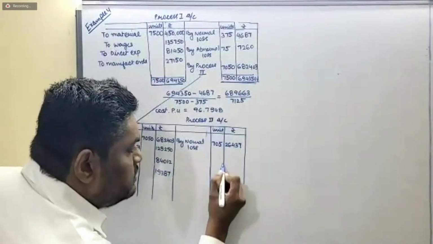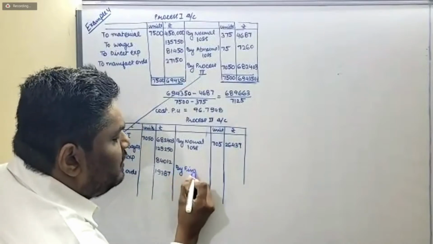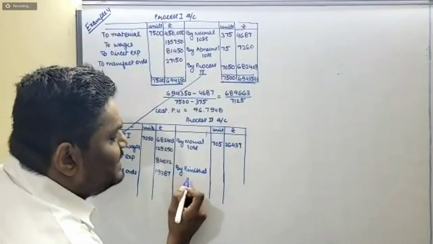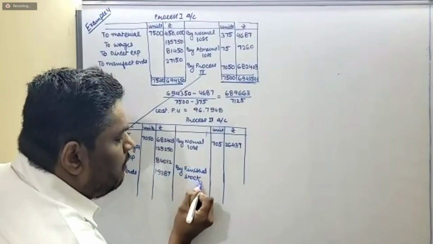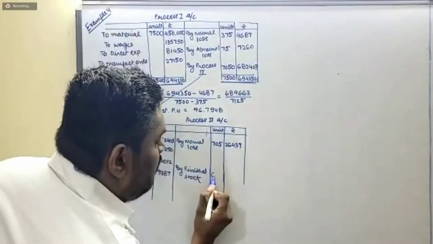Further, the output is also given in the question, and it is to be transferred to finished stock account as there is no process third. The output is 6525.